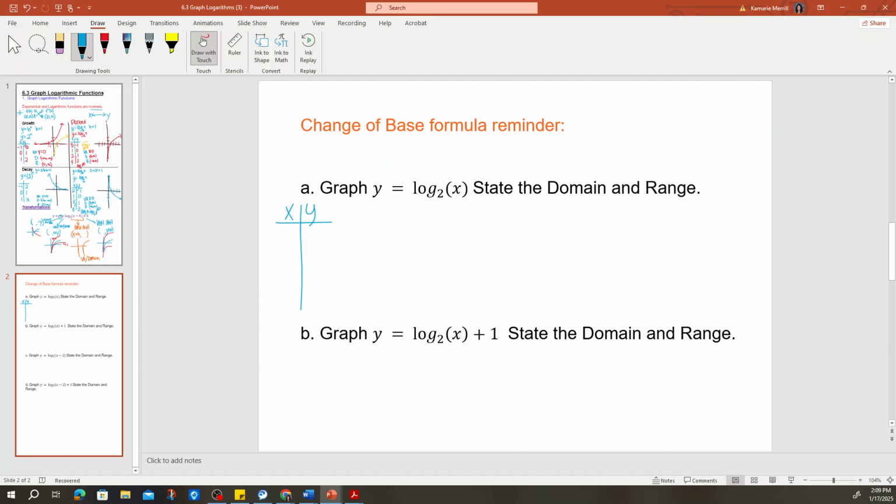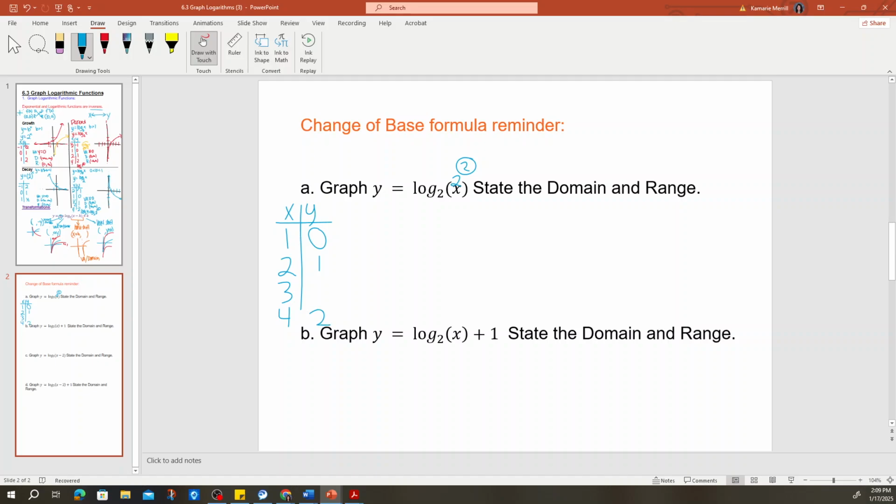The reason is because when I plug in a 1, logging a 1 is easily a 0. When I plug in a 2, this is 2 to the 1, a log undoes the 2, and so your output is a 1. The reason why we didn't do 3 is because it's a decimal, so a 4 is strategic. If I plug in a 4, it can be rewritten as 2 squared, so my output is a 2.